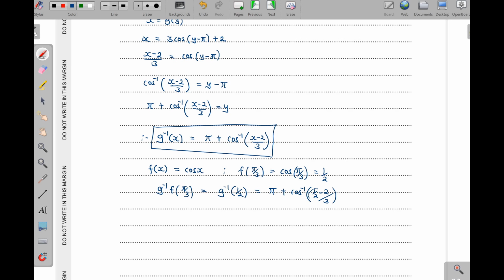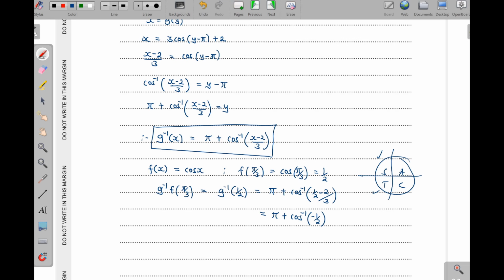So a half minus 2 is negative 1.5. Then divide by 3, that will be negative a half. Cos is negative in the second quadrant and third quadrant, so we are looking at this and this.